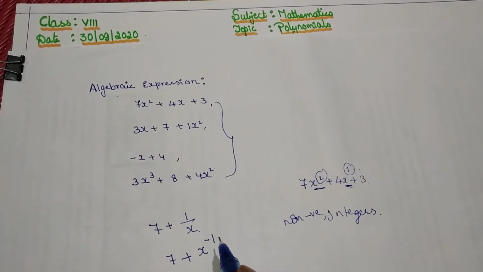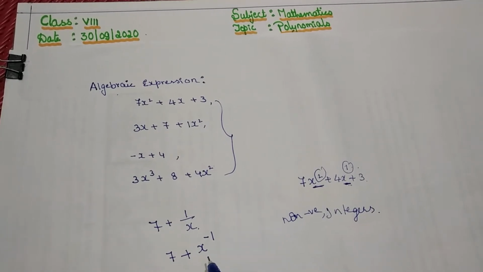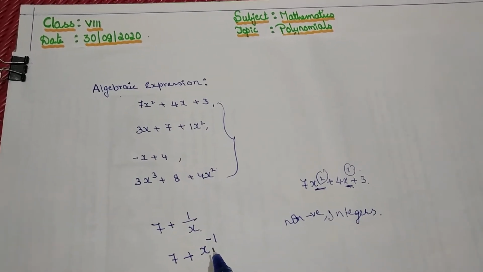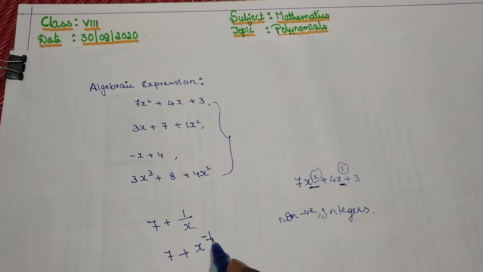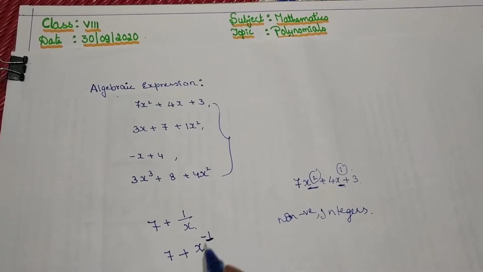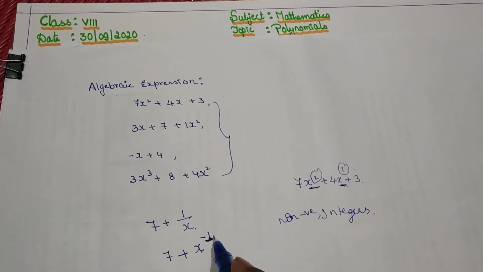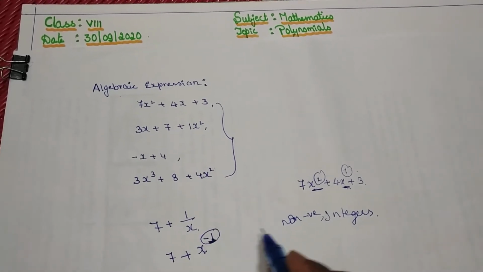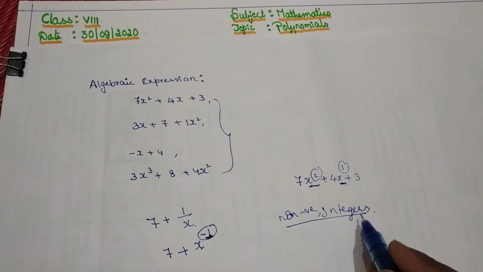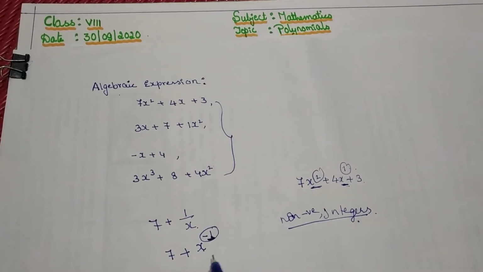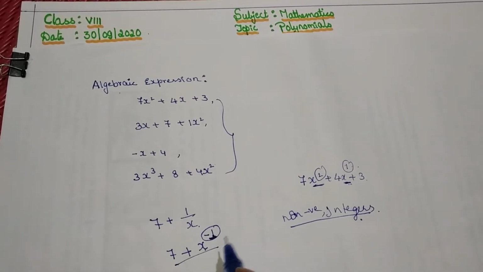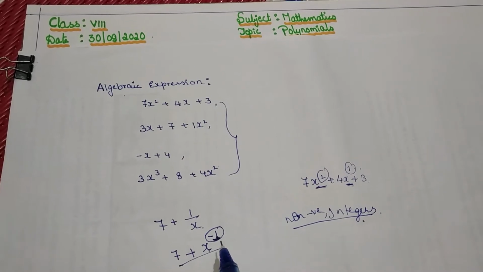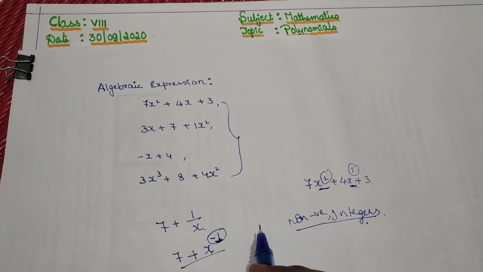What did the definition state? The exponent, or the power of the variable, should be a non-negative integer. But here we have a negative integer. Therefore, this is not an example of a polynomial, but it is an algebraic expression.